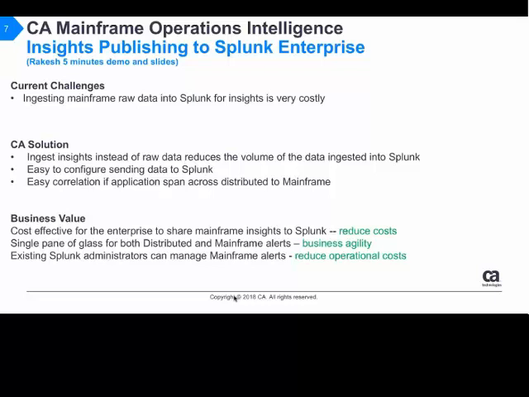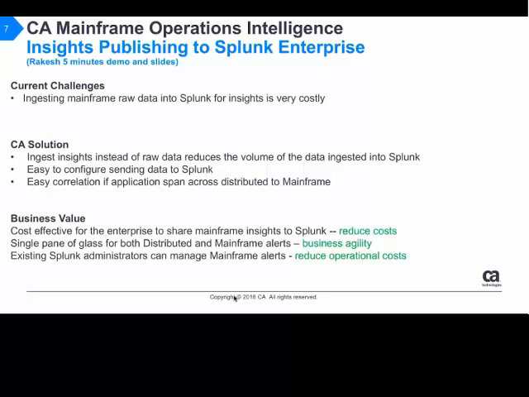Most of the enterprises are using Splunk to analyze the data of their distributed applications. They also use CA MOI to monitor the mainframe applications. Ingestion of the mainframe raw data into Splunk is very costly for the enterprises, as Splunk has licensing based on the data we ingest into Splunk.